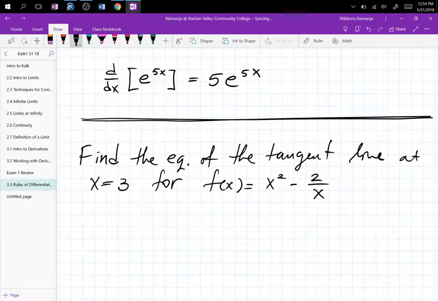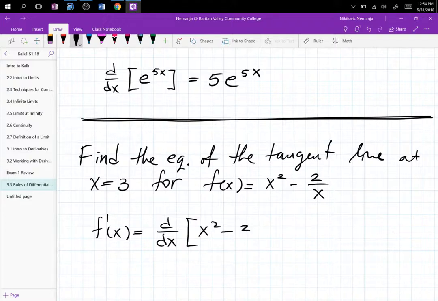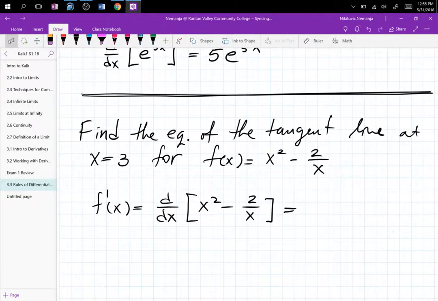The way I'm going to do this is, we know that the slope of the tangent line is obtained from the derivative. So I'm going to find the derivative first, which is the derivative of x squared minus 2 over x. The derivative of x squared is just 2x.